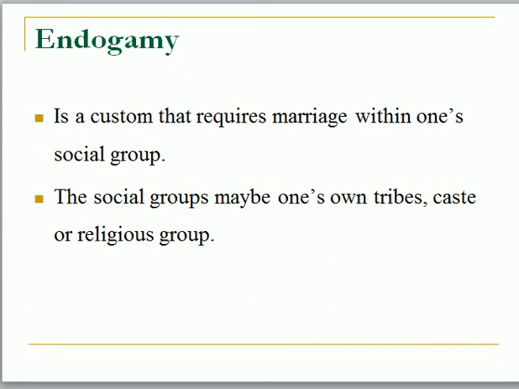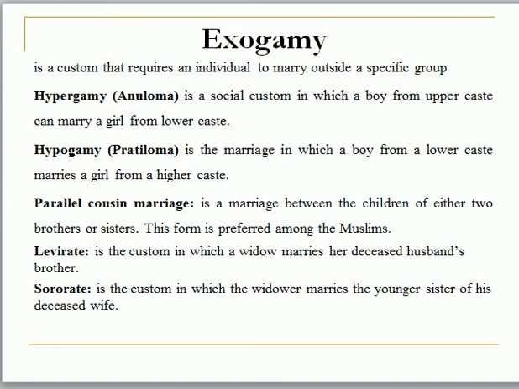So another type of marriage is called exogamy. Exogamy is a custom that requires an individual to marry outside a specific group of which he is a member, such as a kinship group, a village, or any social unit.